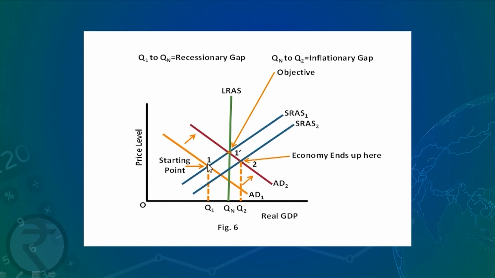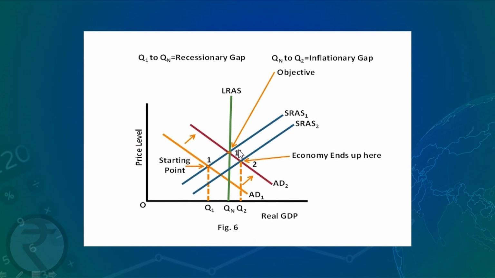So, due to expansionary fiscal policy, which means an increase in public expenditure or a decrease in taxes, the aggregate demand curve shifts to the right as AD2 and the economy is expected to be at equilibrium 1 dash.